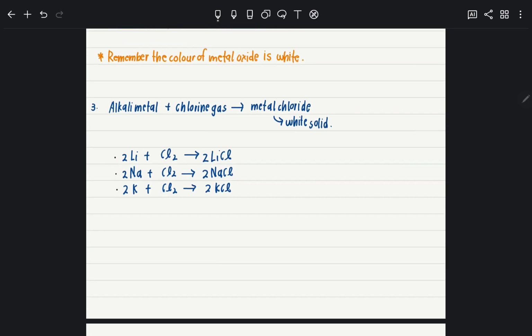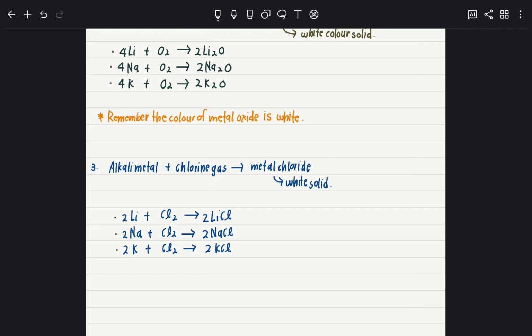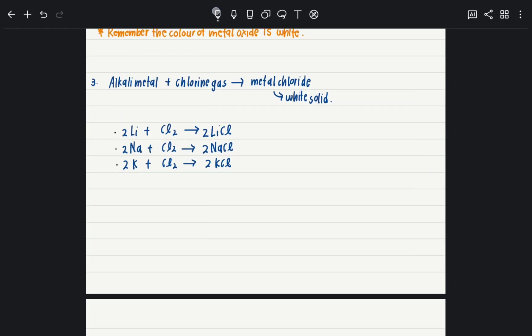That's all. If in the exam people ask you what is the color or what is the similarity between the metal oxide and metal chloride, you can say both are white solid. Metal chloride forms when alkali metals react with chlorine gas, while metal oxide forms when alkali metals react with oxygen. But in terms of color, they are the same color.